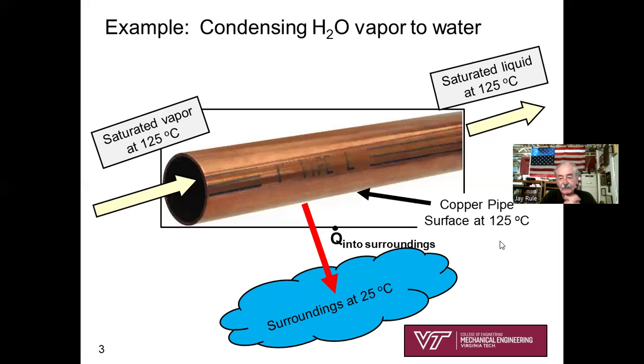All right. So if you're that molecule of H2O being condensed, you're being condensed reversibly. So that's my example. You're being condensed at constant temperature in a reversible way, because the copper pipe is absorbing energy from you at 125 degrees C. Your temperature is 125 degrees C. So you're exchanging energy with the copper pipe, but it is reversible heat transfer.